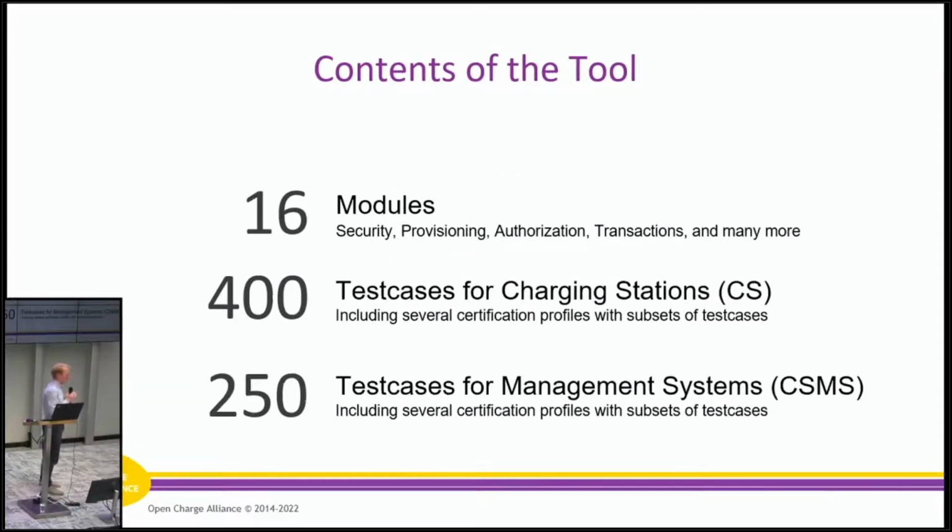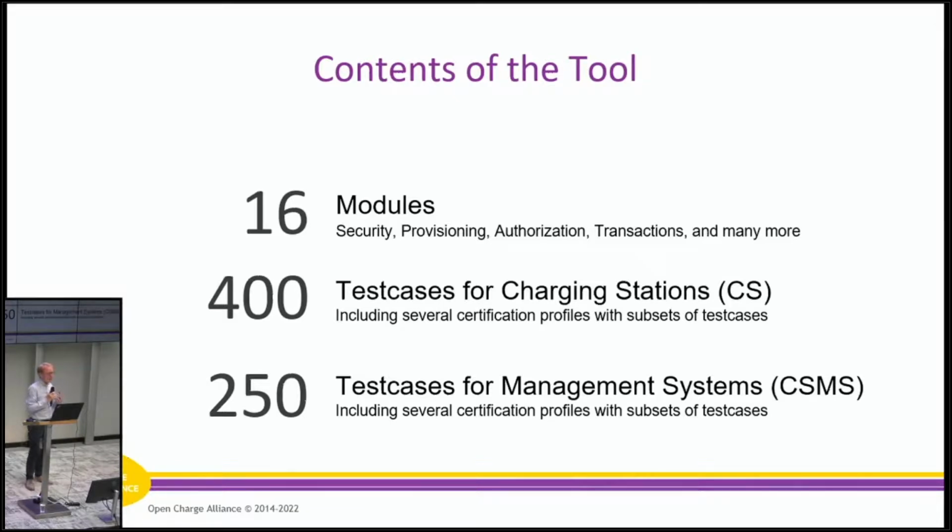So what's in it? There's 16 modules like authorization, transactions, security, smart charging, etc. There's over 400 test cases for the charging station side, and there's over 250 test cases for a central system side.